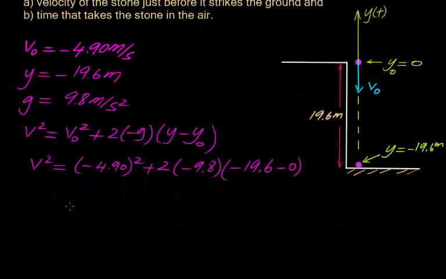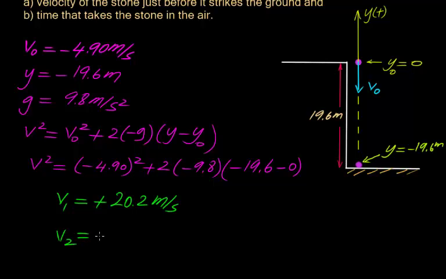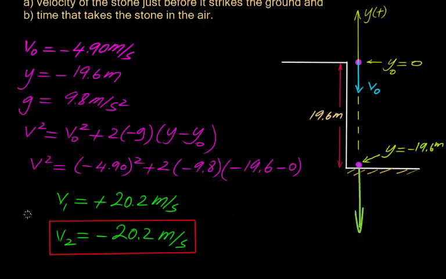Solving for the velocity, you obtain two possible values from the mathematics standpoint. v1 equals positive 20.2 meters per second, and v2 equals negative 20.2 meters per second. Since the stone at the moment just before it strikes the ground is pointing straight down, the acceptable answer is negative 20.2 meters per second. The positive answer is not an acceptable answer.